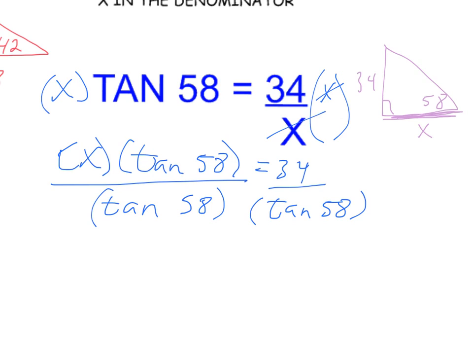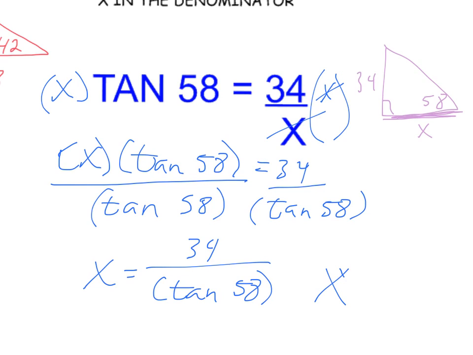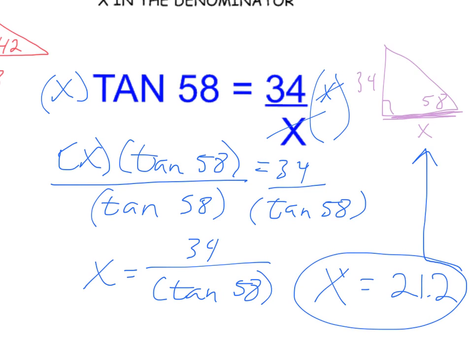And I end up with x equaling 34 divided by tangent 58. And all you have to do there is plug that into your calculator. And when you do that, 34 divided by tangent 58, round it to the nearest tenth place, x is going to equal 21.2. So that is the side length of that part of that triangle.